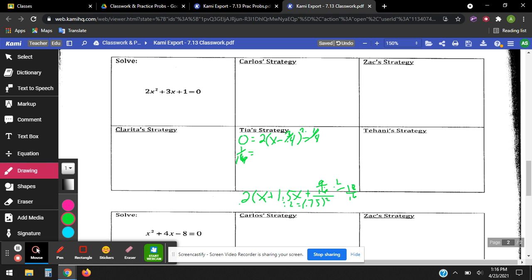So I'm just going to go ahead and do 1/16 equals x plus 3/4 squared. Well, the square root of 1/16 is actually 1/4, right? Square root of 1 is 1, square root of 16 is 4. So I have 1/4, plus or minus, and then x plus 3/4, or minus. Is it a minus or a plus? It's a plus. Okay.